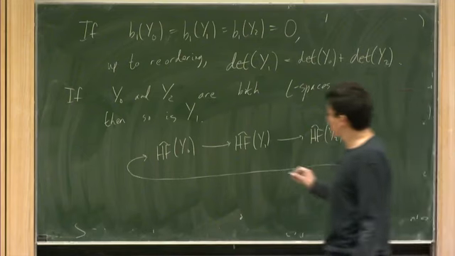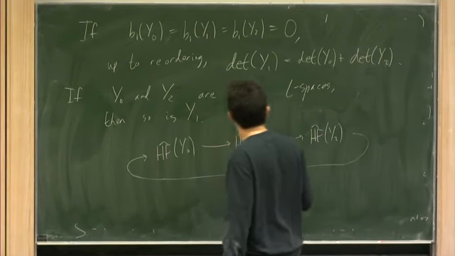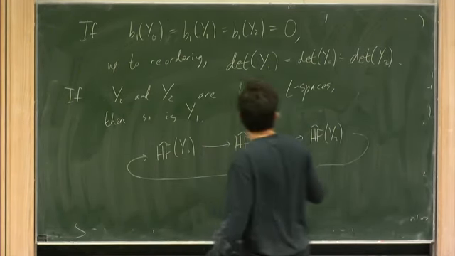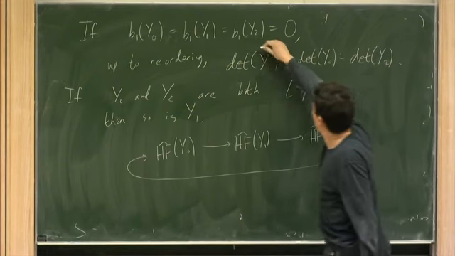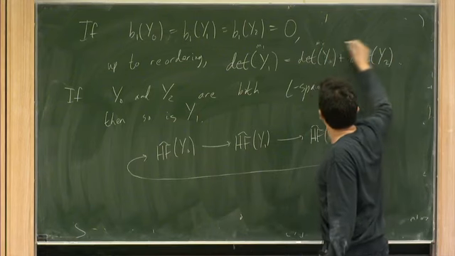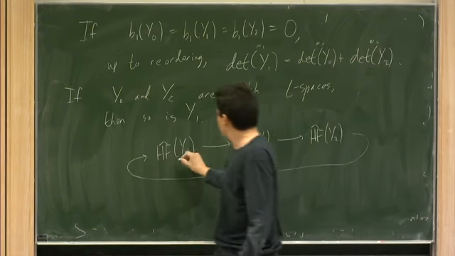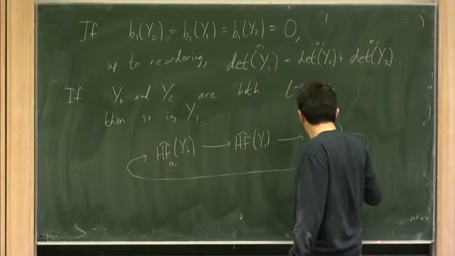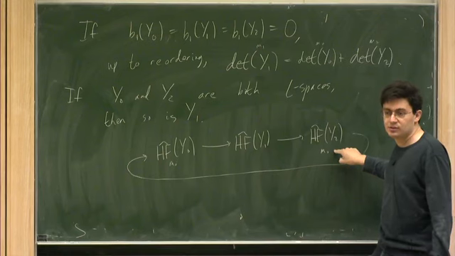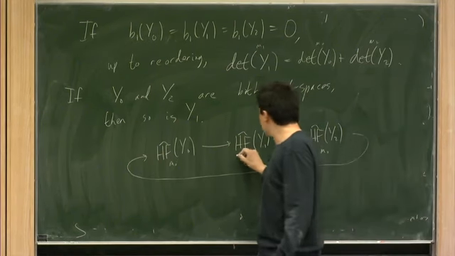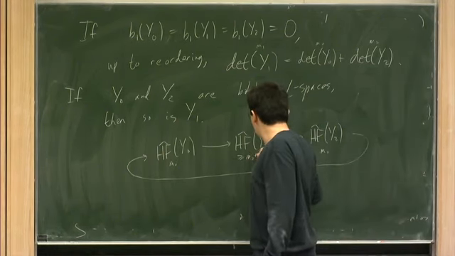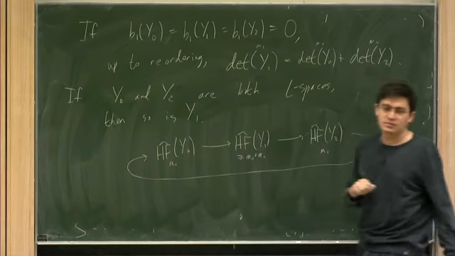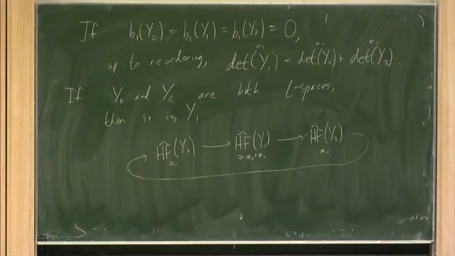Let's call these determinants M1, M0, and M2. This we know has rank equal to M0. This has rank equal to M2. And this has rank greater than or equal to M0 plus M2, just because of how the determinants are.